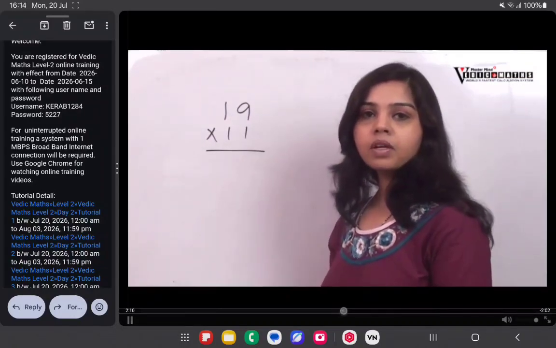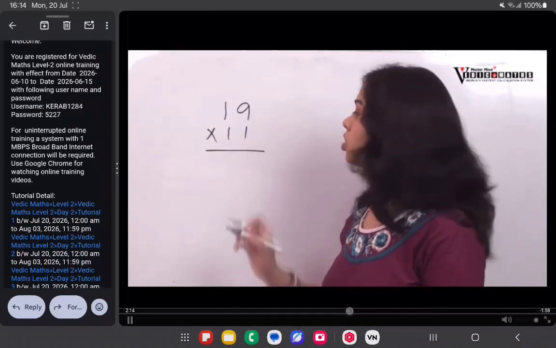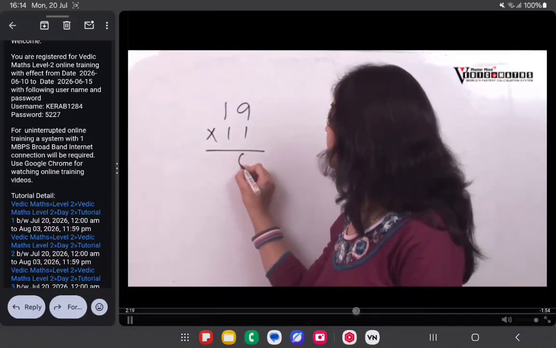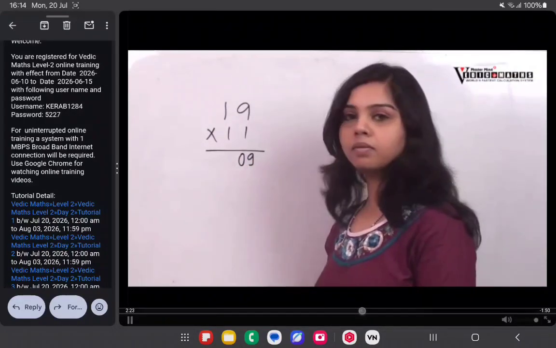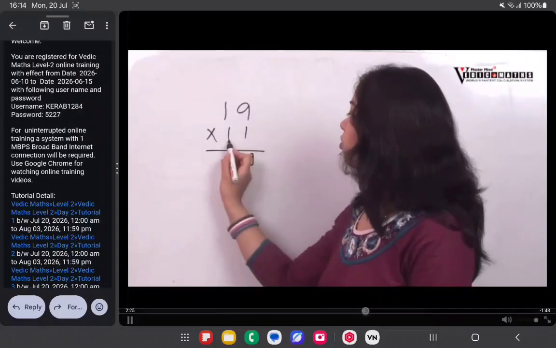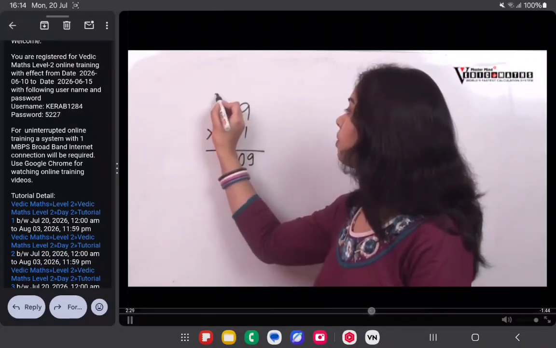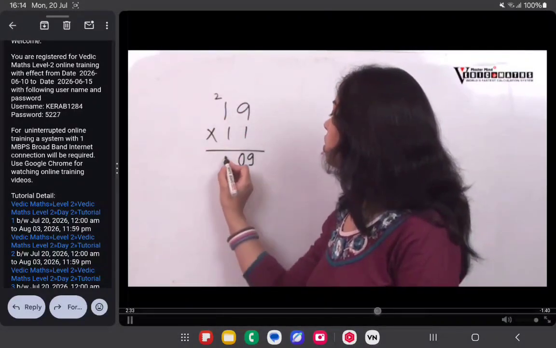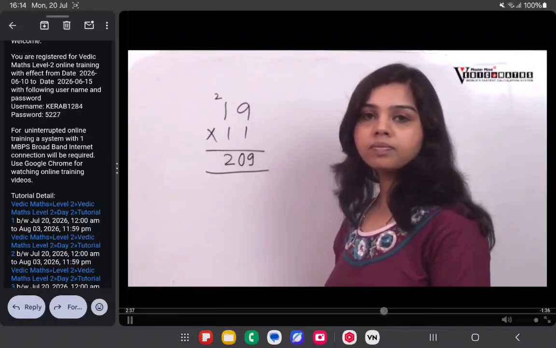It's a single digit, but it is a special case, so we have to write a two-digit number, so we write 09. Again, we multiply this 1 by its consecutive number, that is 2. So 1 into 2 is 2. So our final answer is 209.